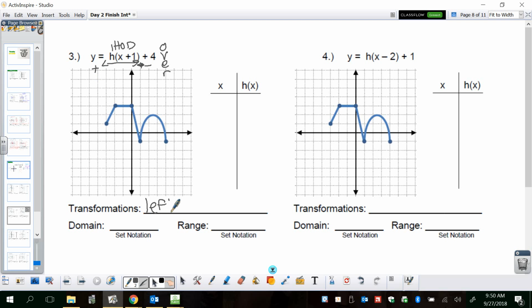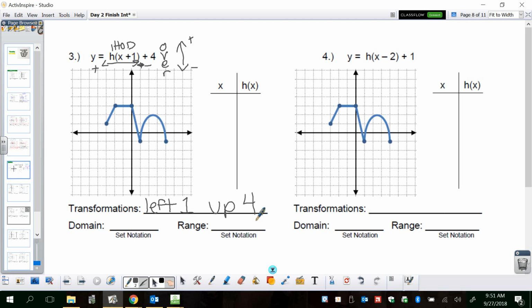Left. So it's going to go left 1. Outside is exact. So up is positive, down is negative. So is it going to go up 4 or down 4? Up 4. So every single one of these points are going to go left 1, up 4.